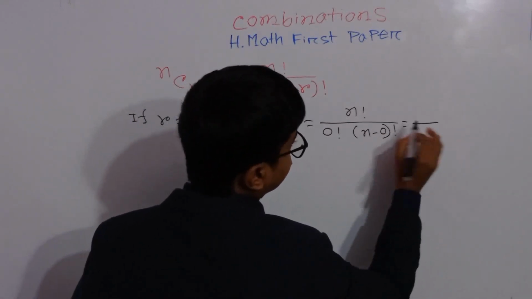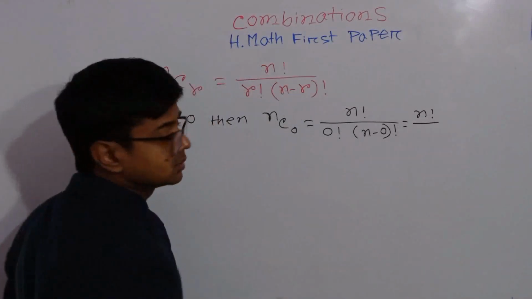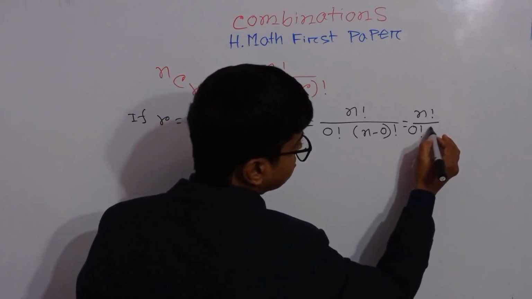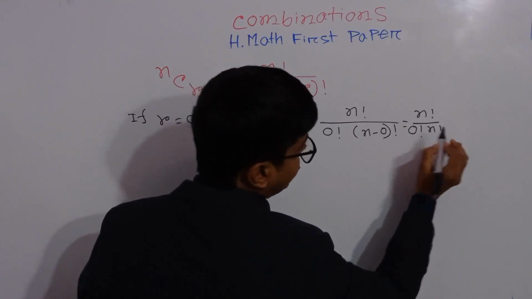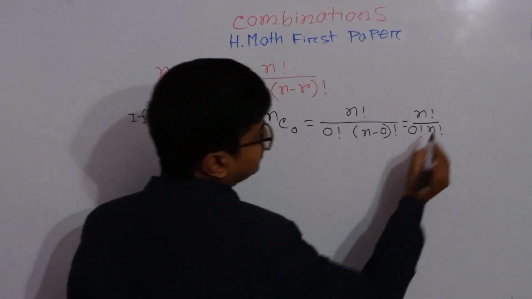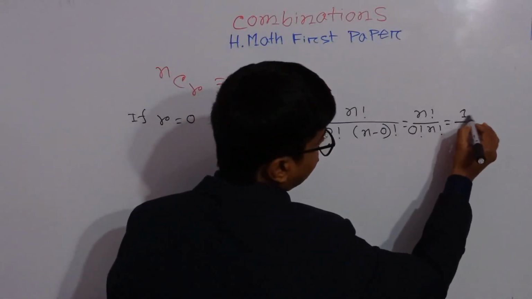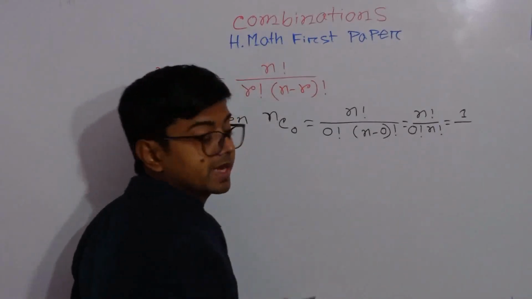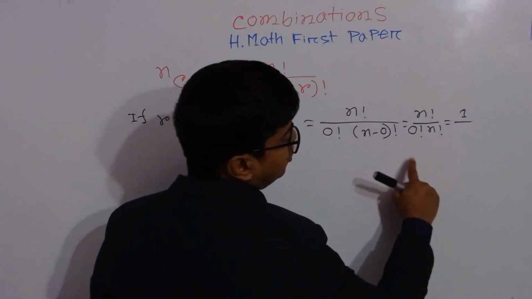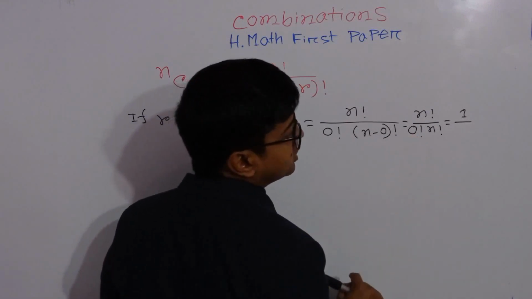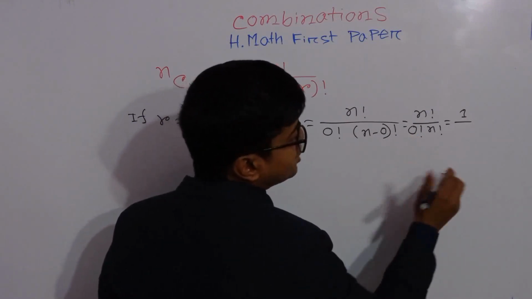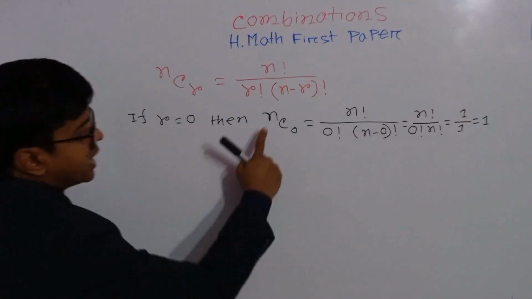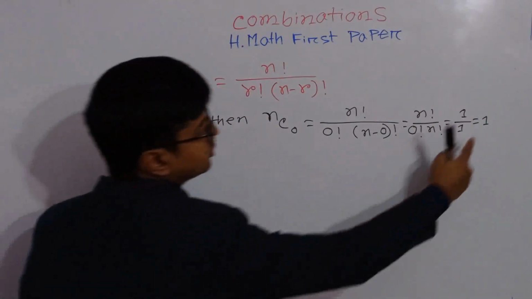So we can write here factorial n by factorial 0 into factorial n. Here factorial n will be cancelled, and we know that the value of factorial 0 is 1, so it will be 1. nC0 equals 1.